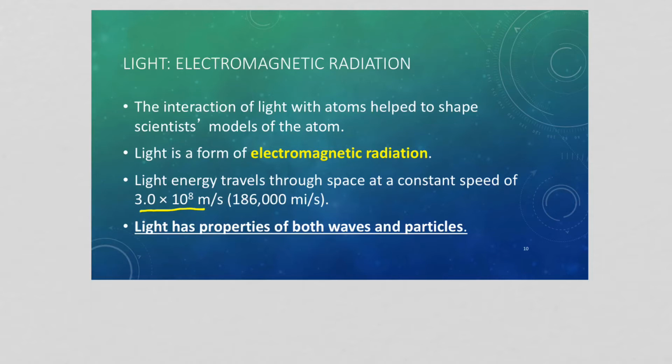To put that in a little other context, that's equivalent to about 186,000 miles per second. So really fast. Now, one of the usefulnesses of looking at light is that light also displays this wave-particle duality, where it can have properties of a wave, but also aspects of particle property.